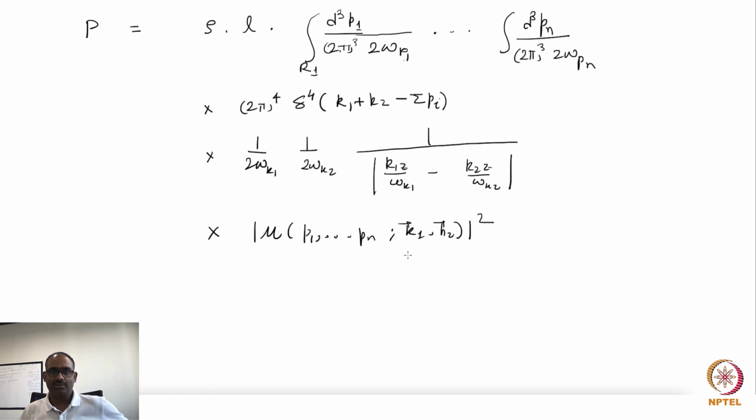That is what you have to calculate. The entire information about the dynamics of what process is happening, and what kind of interactions are there, is contained in this amplitude, this matrix element M, and the mod square of it. So this is the piece which really knows about the dynamics or the interactions.